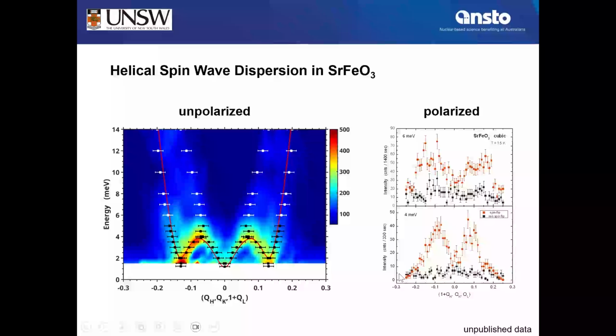Non-spin flip channel means nuclear origin. That's where the phonons should appear. And red color, spin flip channel, is entirely magnetic signal. So we see immediately there are no phonons, and the entire signal is entirely of magnetic origin.